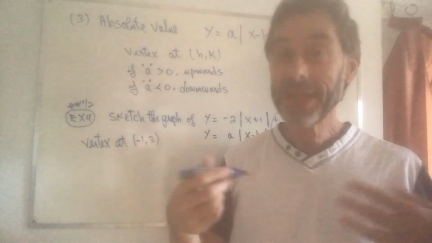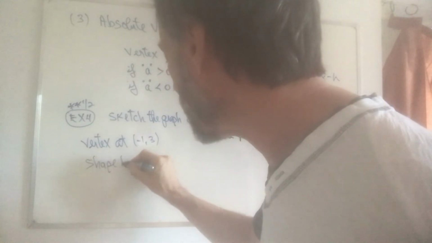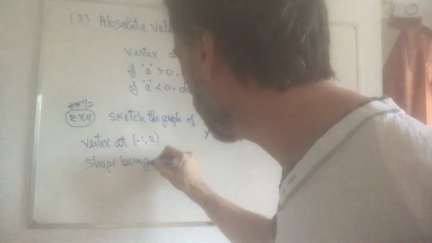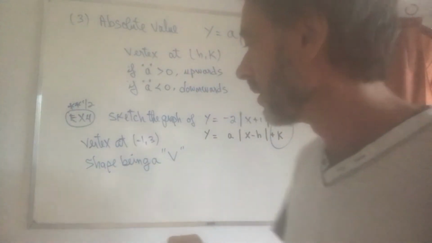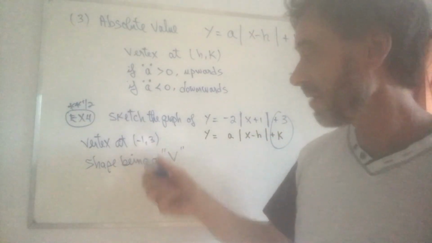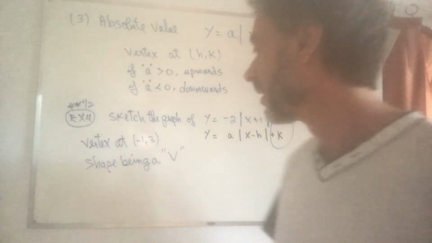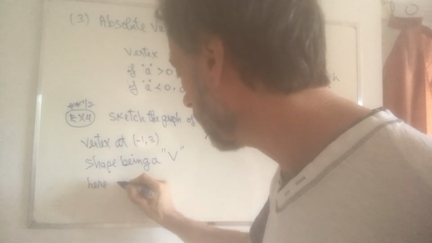In other words, it's a V. So the shape being a V, all we got to know is: is it a V upwards? Is it a V downwards? Because all we have is the vertex.